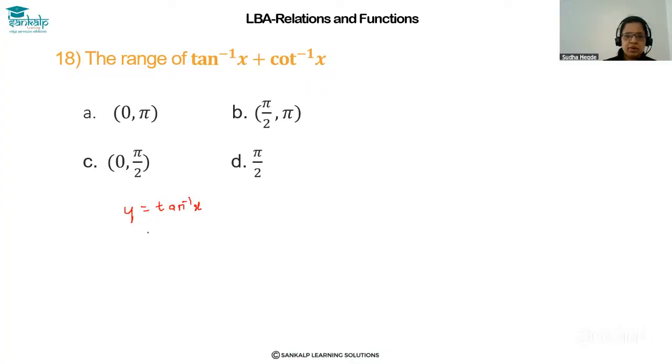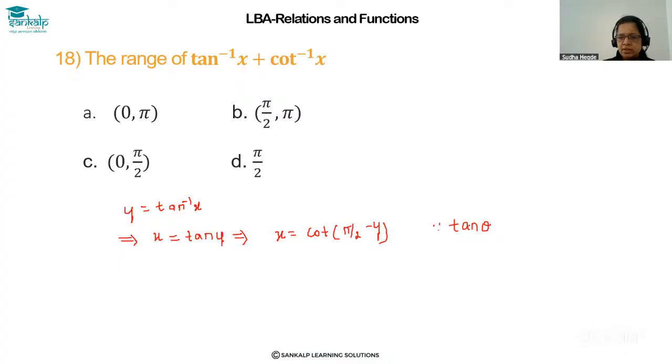This implies x is equal to tan y. Correct? So, you can write the same as x is equal to cot of pi by 2 minus y.